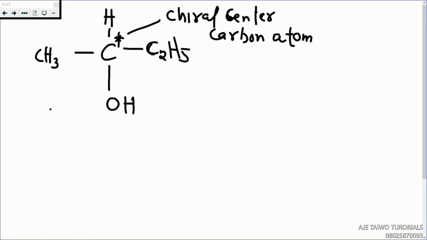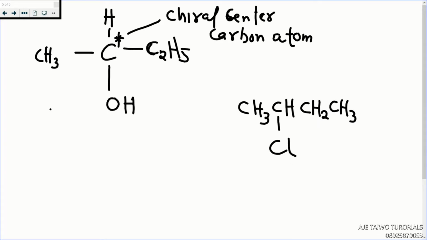Now tell me, can someone tell me, is there a chiral center in this molecule? If you have CH3, CH, CH2, CH3, then we have Cl. Now let's first check.